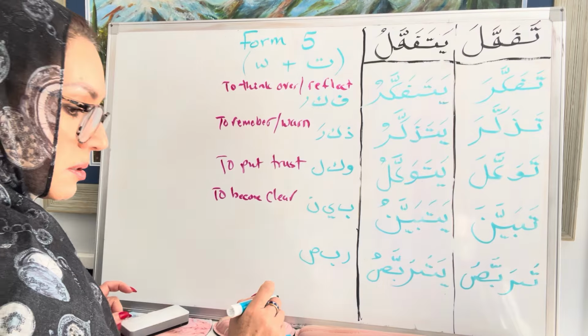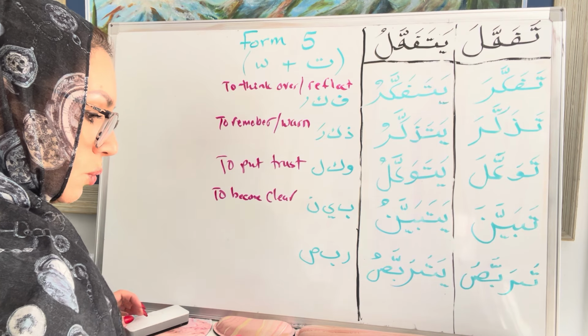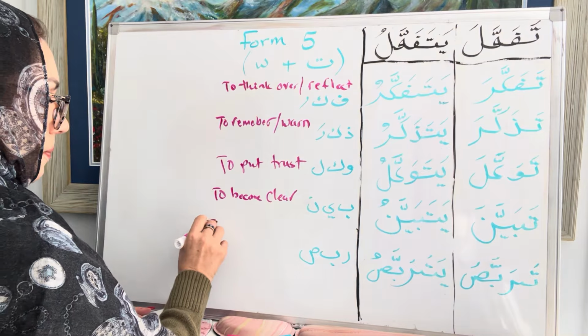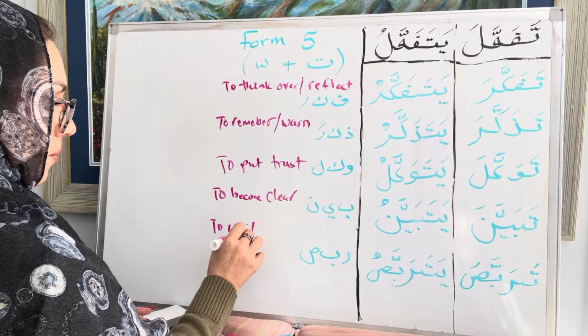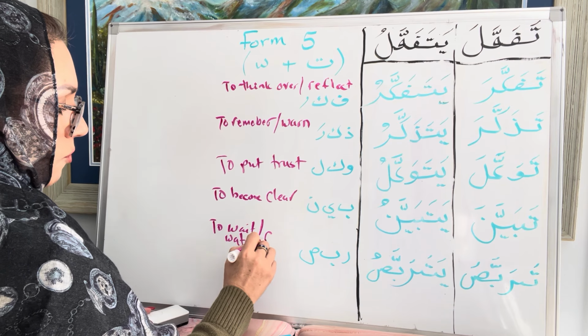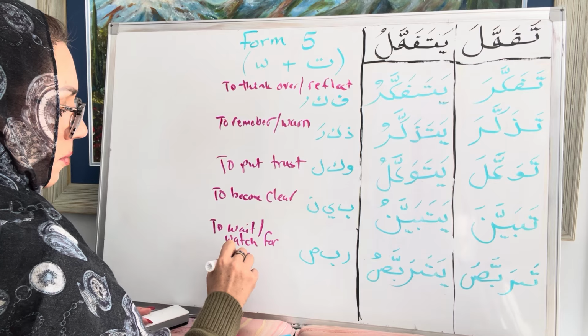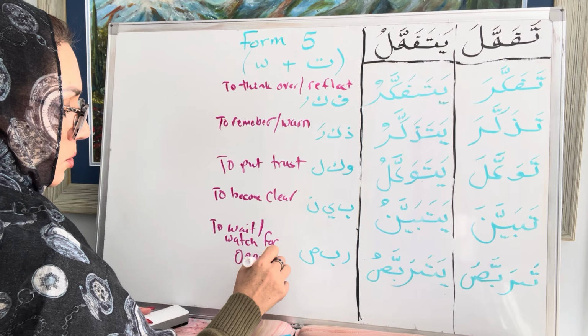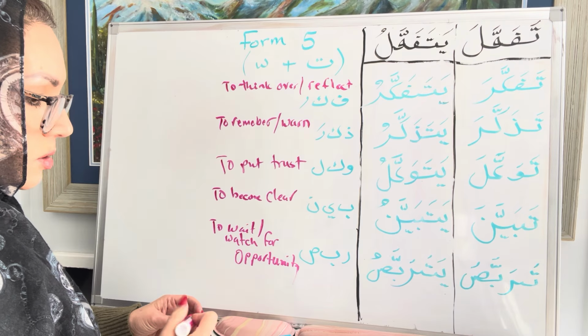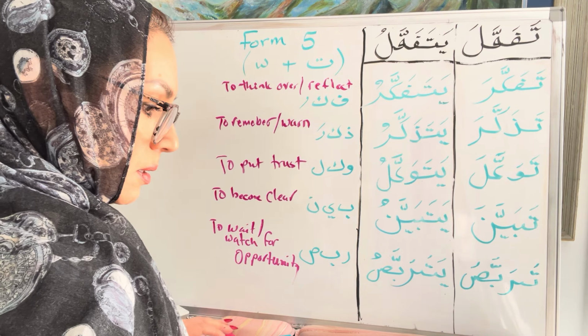And ربص is the root. It means to wait and watch for an opportunity. Okay, that's what that means. All right.